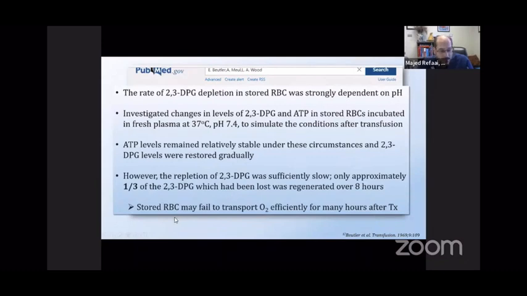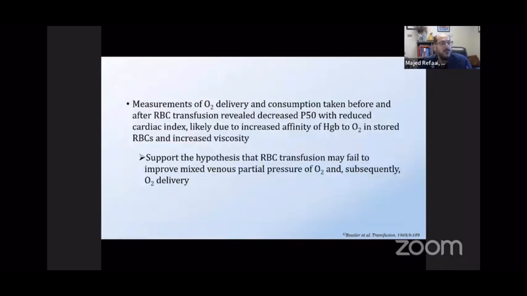So their conclusion was stored red blood cells may fail. I mean, they did not have a lot of technology at that time to help them drive this conclusion, but they said it may fail to transport oxygen efficiently to the surrounding tissue, even after several hours of transfusion.